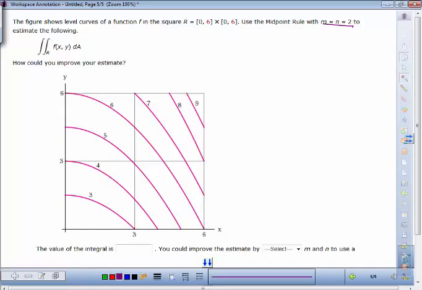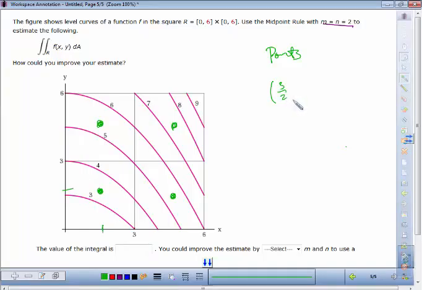What color? We should use green. And you can see that the midpoints here are just going to have to be approximated. All right, so we have these points. This would be about 1.5, 1.5. Let's call it 3/2.